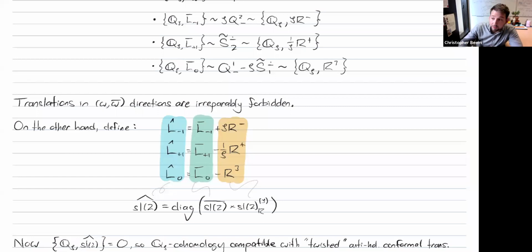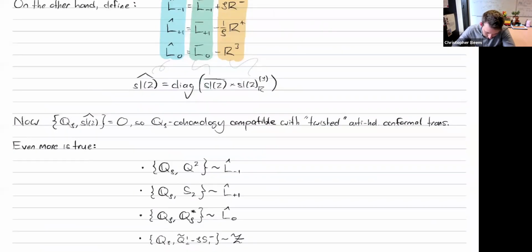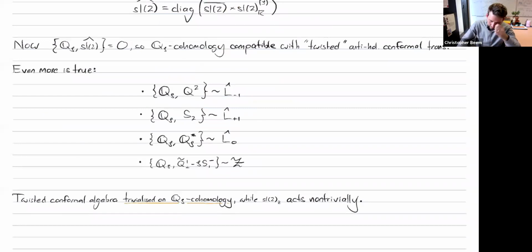And that thing is actually Q exact. So if you reimagine your anti-holomorphic coordinates in terms of this twisted SL2, then your anti-holomorphic dependence is going to be trivialized in Q cohomology. This is that statement.